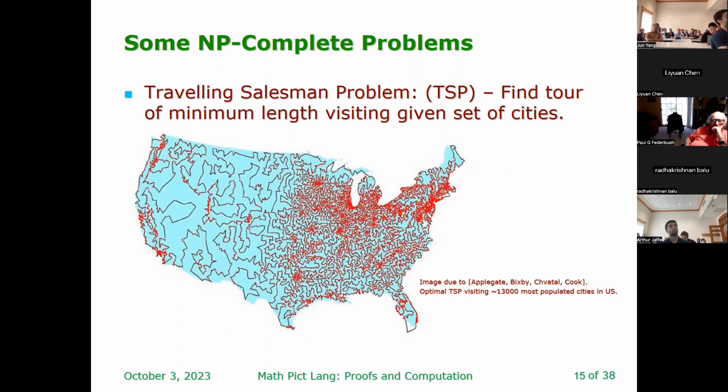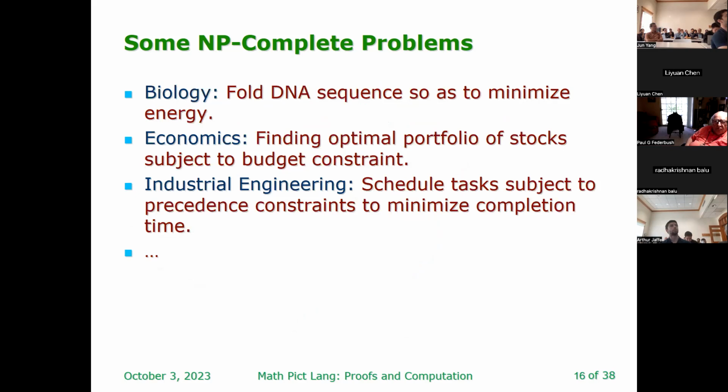It's a well-defined question. If there is a solution, I can prove it to you. I'll give you the cities and the order in which you should visit them. It's only 13,000 lines long, this solution. You can verify every city has been visited, and you can make sure the lengths add up to at most 17,000 or whatever our budget was. But on the other hand, finding it is ridiculously hard. So that's the kind of problems that we are looking at over here.